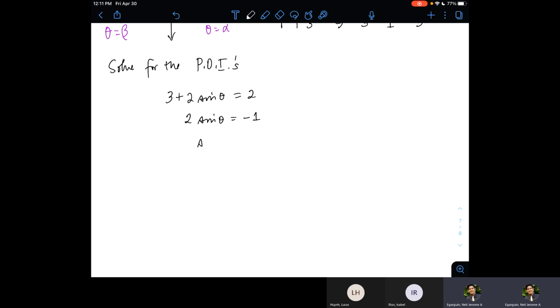So that means sine theta equals -1/2. And we go back to our unit circle. When is sine theta equal to -1/2? Well, it would be equal to -1/2 at 7 pi over 6 and 11 pi over 6, at least on the first revolution. All right.